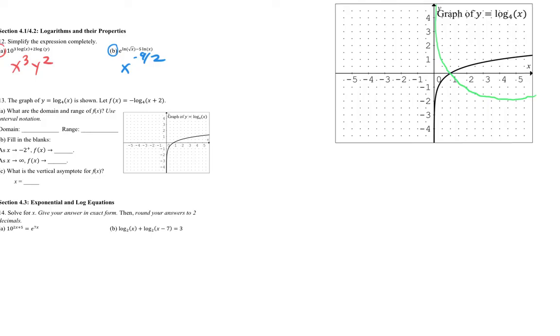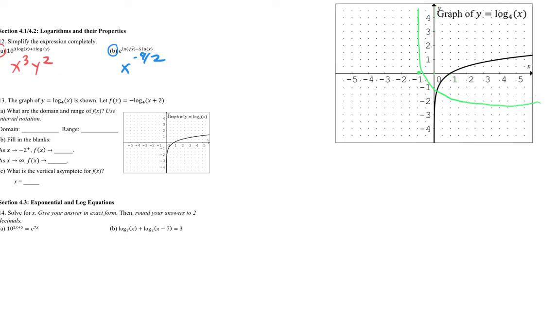But we also need to shift this, so we need to shift it to the left 2. We're going to move this point right here, which is a good point we have, 1, 2, and then our new graph is going to look something like this, right?